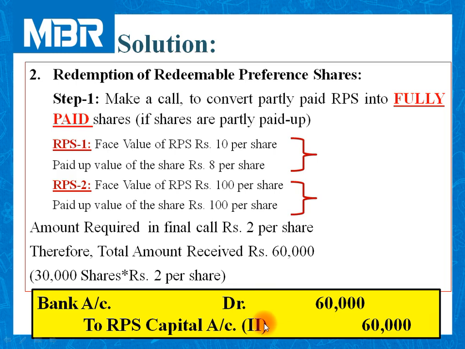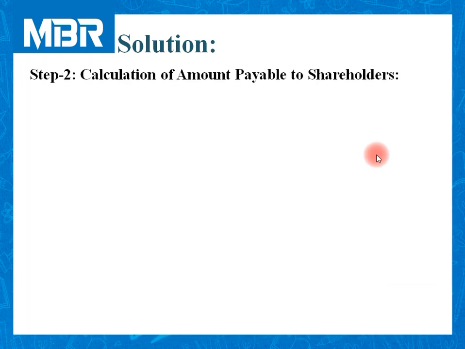So RPS Capital 1 account 60,000. Let us move to step number 2. Step number 2 is all about amount payable to RPS holders.